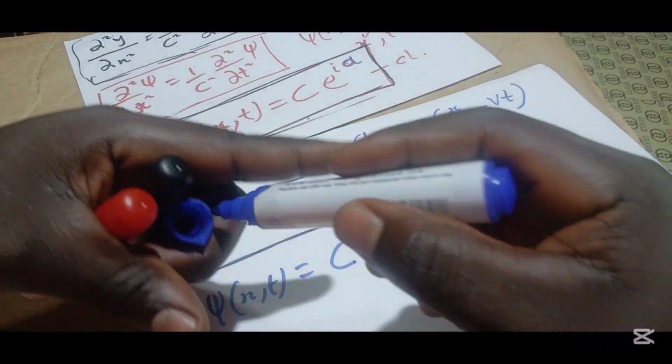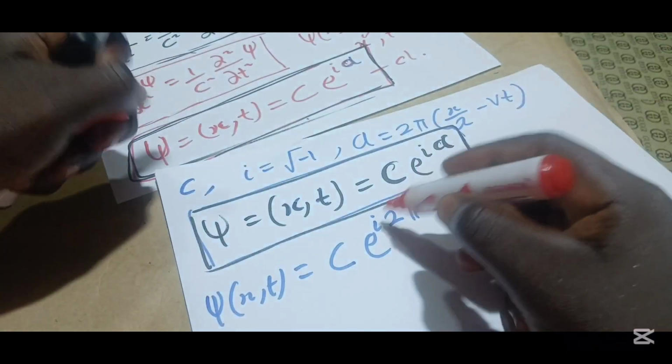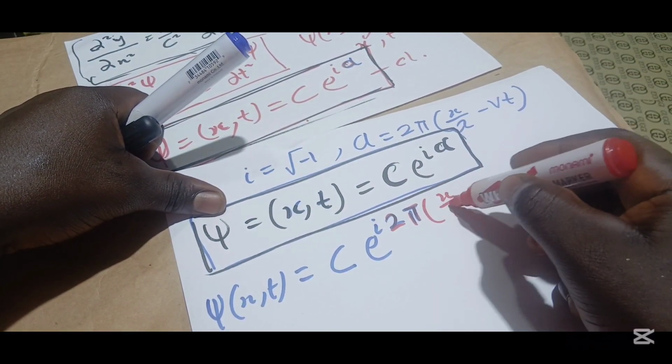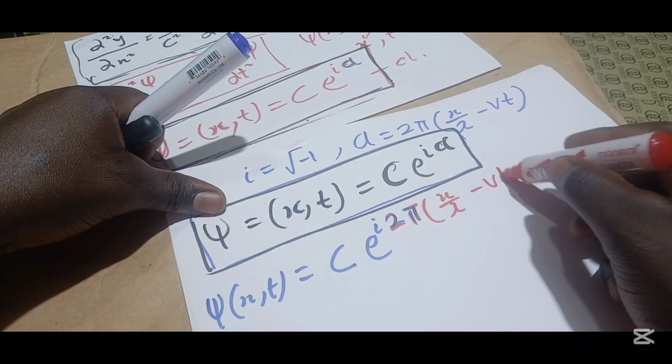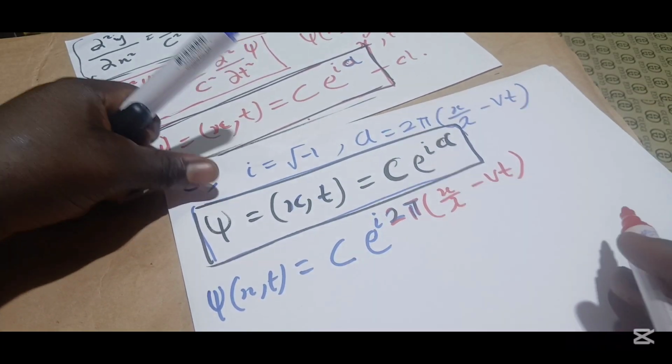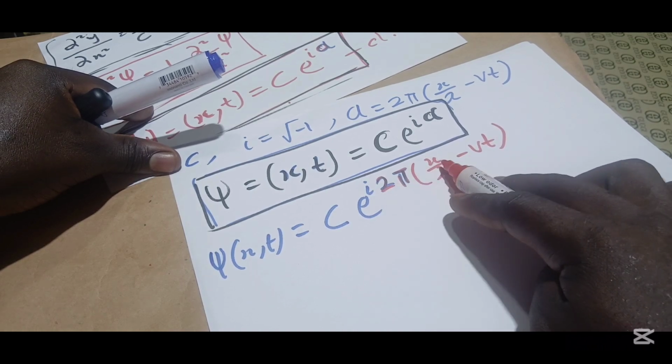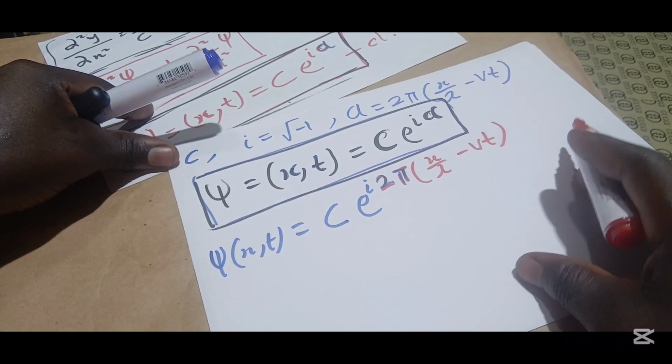So 2 pi into bracket x over lambda minus vt, right? So let's try expanding this exponent. We multiply this by that and multiply this by that.